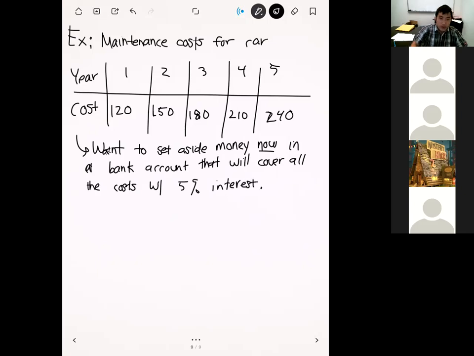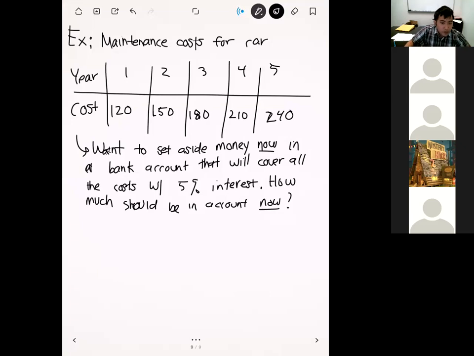The question is, how much money should your friend set aside now, put into that bank account, to cover all of these costs? Emphasis on the now.